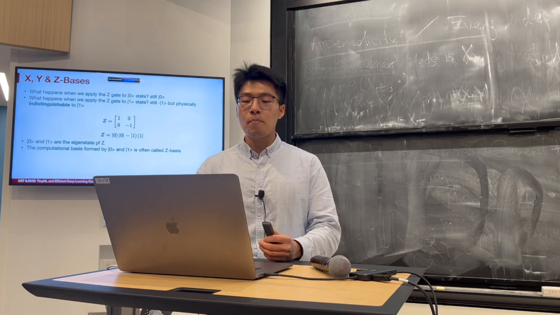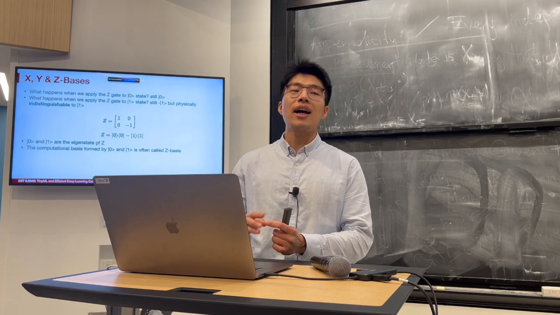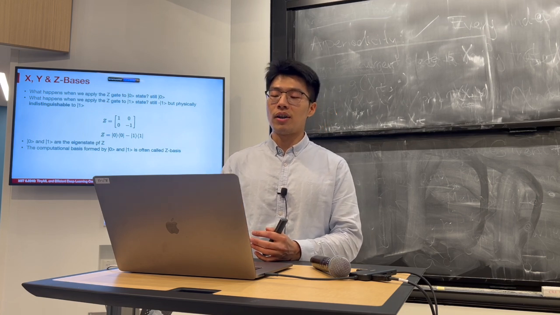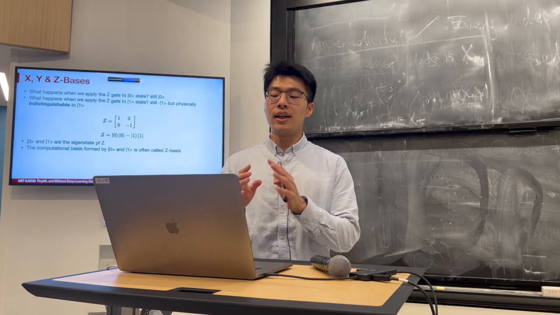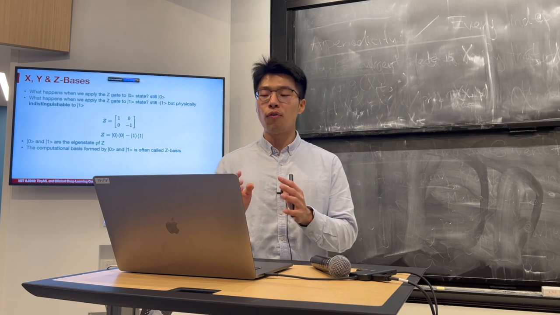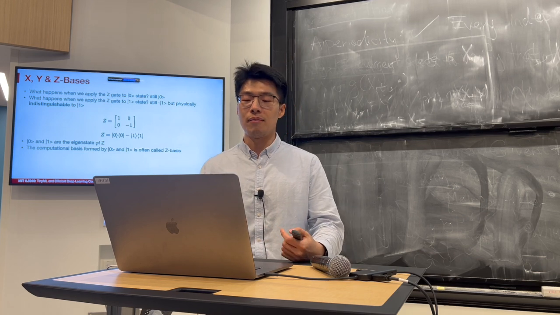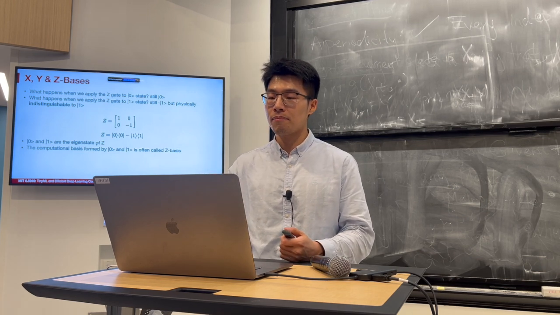So we know that 0 and 1 are actually the eigenstates of the Z matrix, because after we apply Z, the original state does not change. All the computational basis states formed by the 0 and 1 states are also called the Z basis, or computational basis.